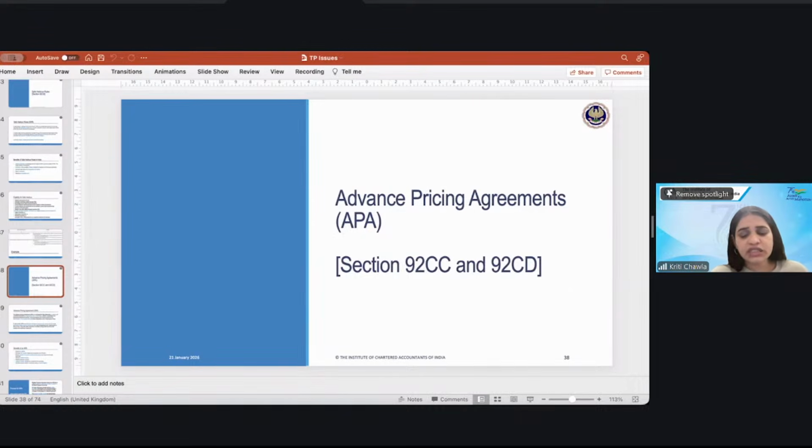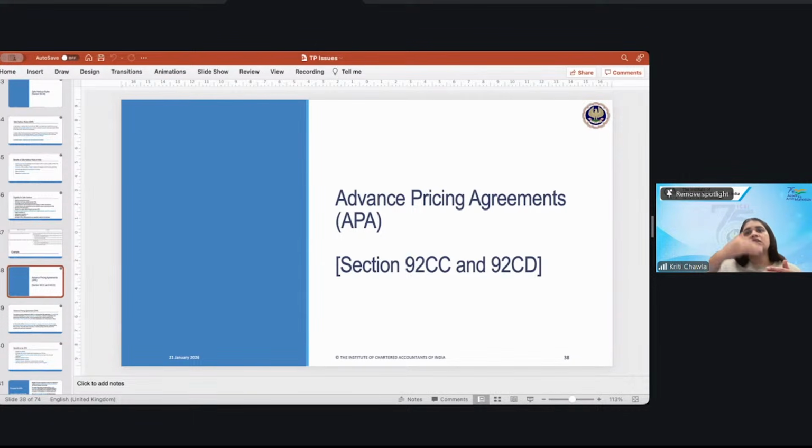So the kind of disputes that we had in India were on the selection of comparable companies. Then the other kind of disputes, as I mentioned, were on the selection of transfer pricing methods.